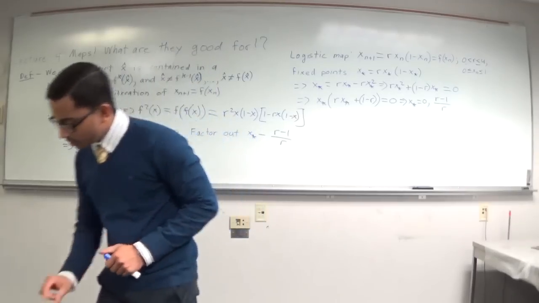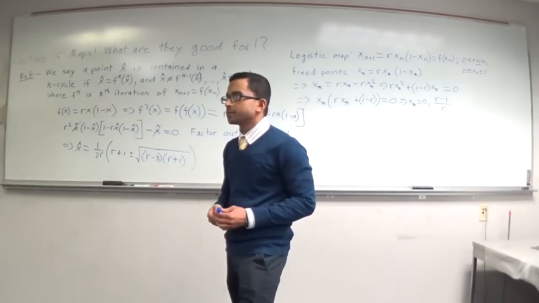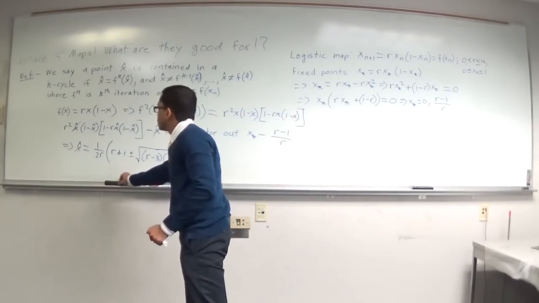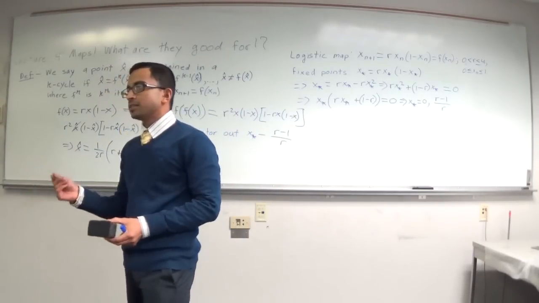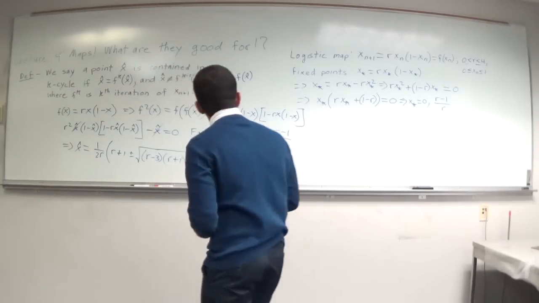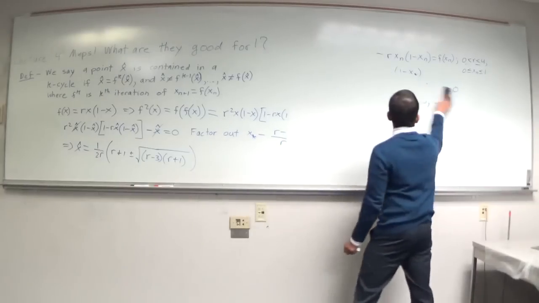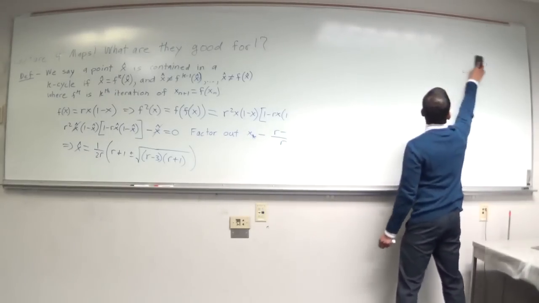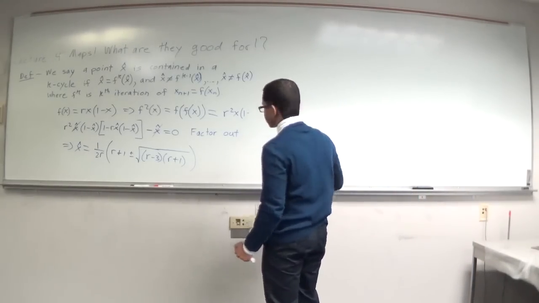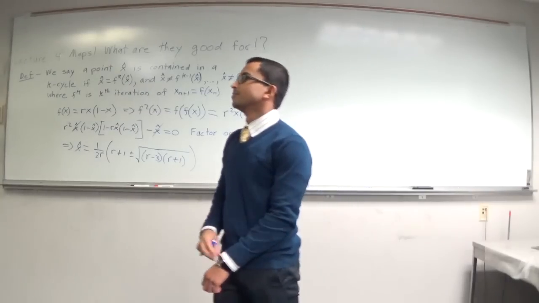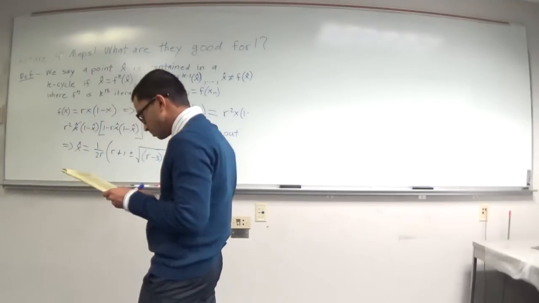And then let's talk a little bit about sensitive dependence and Lyapunov exponents. A tool that we can use to see if something is really sensitively dependent is something called Lyapunov exponents. Just a word here. The existence of 3-cycles is crucial in this case, because if you have a 3-cycle, then you have chaos.